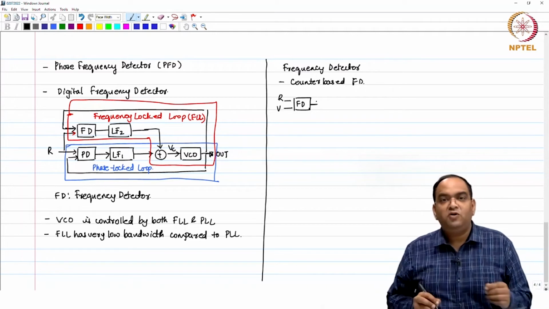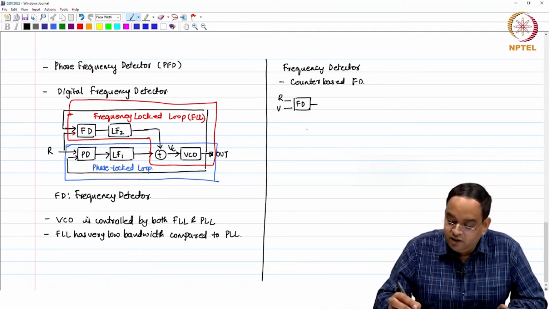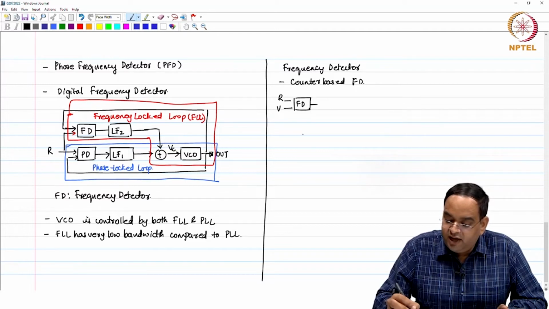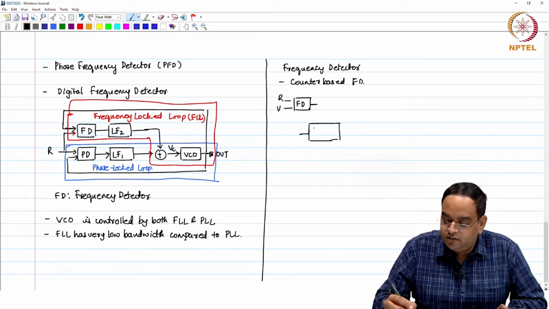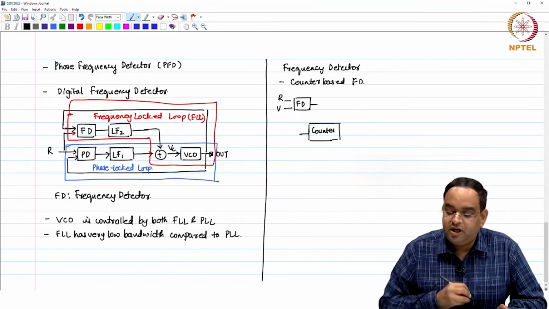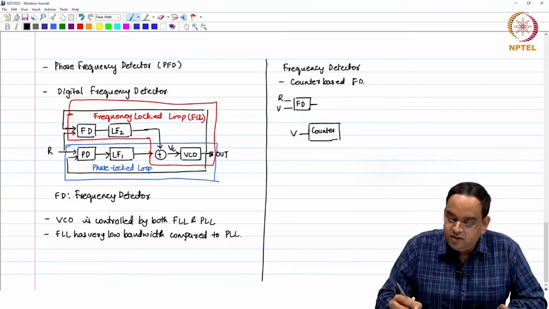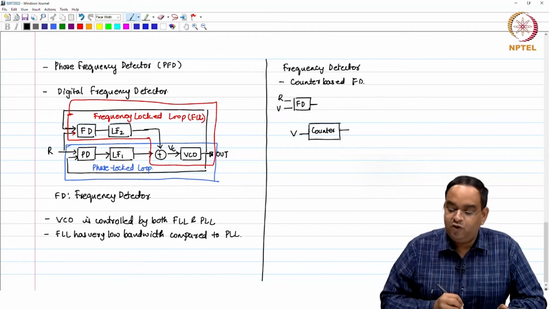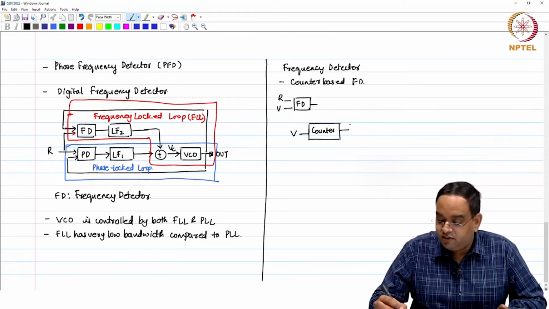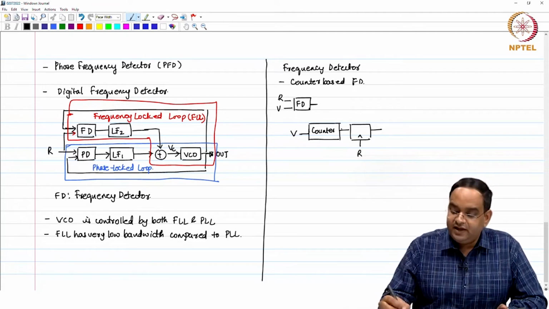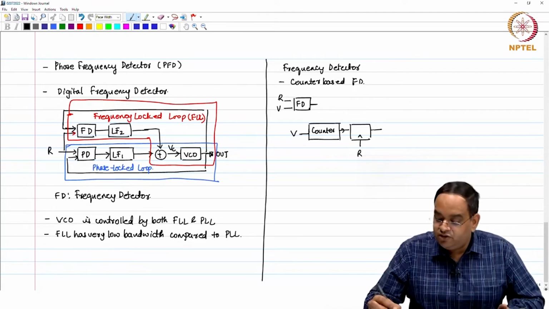Somehow the output of the FD should reflect the frequency error. The way you can do this is you can have a counter. You can feed the V signal to the counter, and at the output of the counter you have another block which is clocked by R. At every rising edge of R, you can give the value of the count.